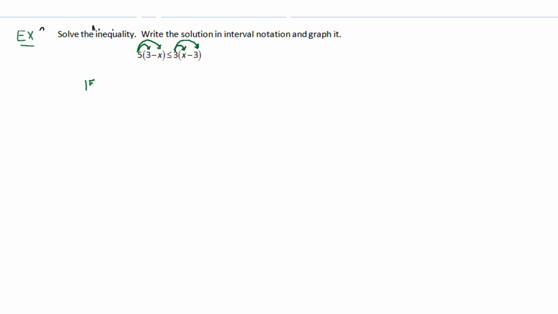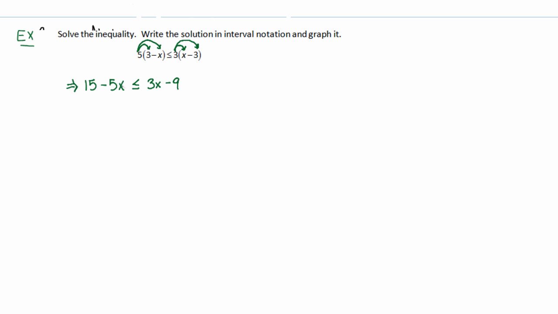So I get 15 minus 5x, and I know it's not supposed to be equal, so I'm going to copy the sign that they have there, and I'm distributing that 3x minus 9.